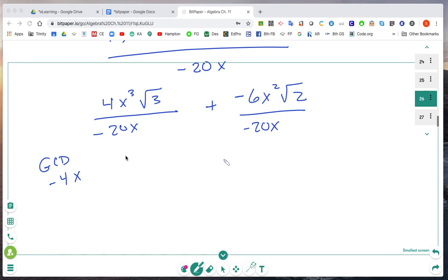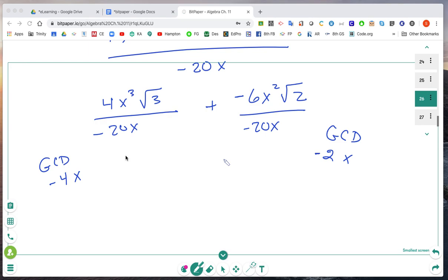But when we come over here and we look at our GCD, it's going to be negative 2x, because negative 2x comes out of both of them.